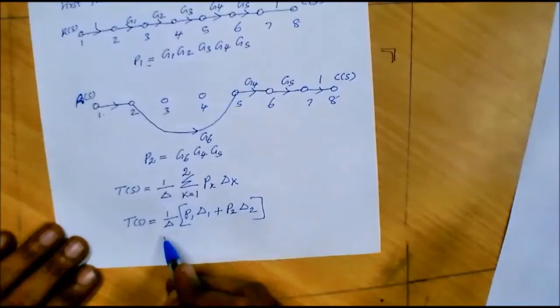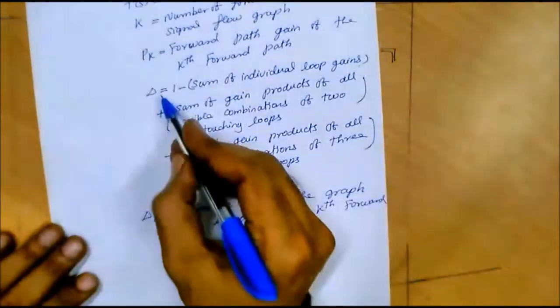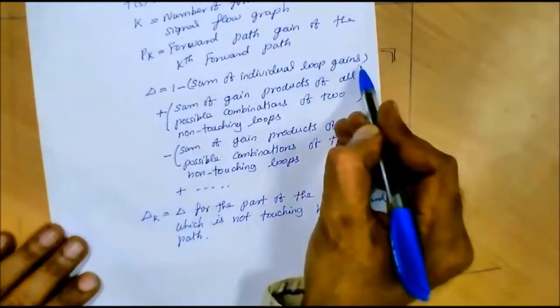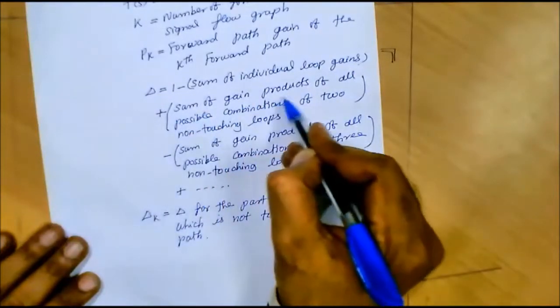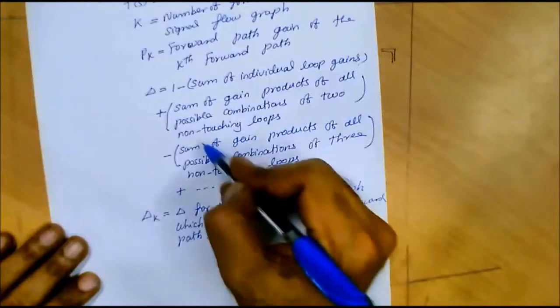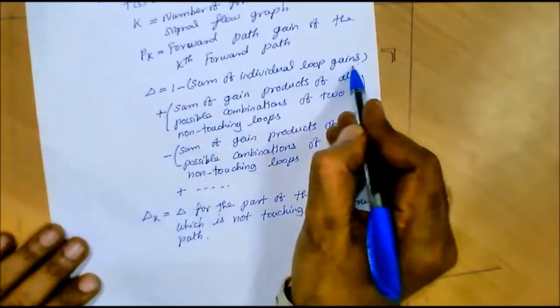Now based on this formula, we have to find out the value of delta. The formula for delta is equal to 1 minus sum of individual loop gains plus sum of gain products of all possible combinations of two non-touching loops and so on. So our aim is to find the sum of individual loop gains.